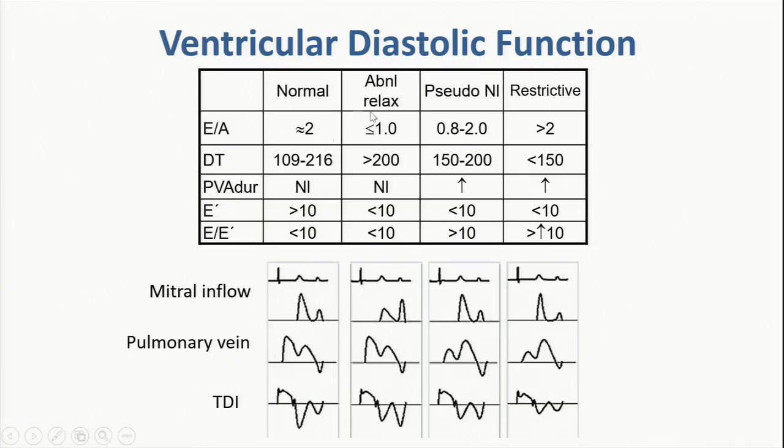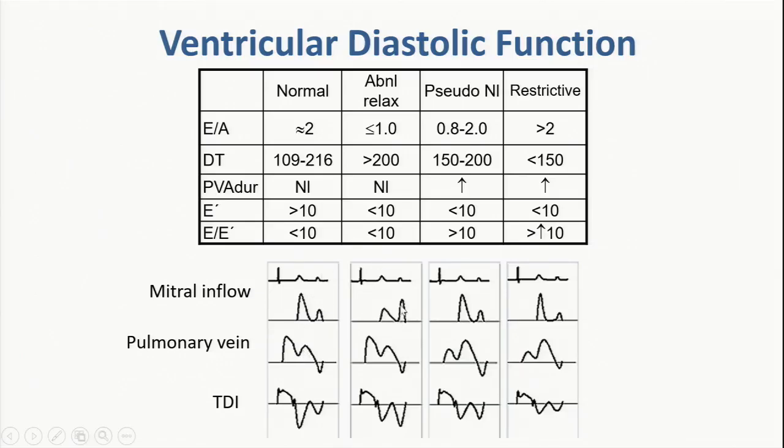When that happens, the amplitude of the E wave on the mitral valve inflow decreases. In addition to that, the deceleration time, this slope here, becomes prolonged. And I think that makes some sense because now the ventricle can't relax as easily, and because of that you get less flow in, and that flow that does come in comes in over a longer time, so it slows down.